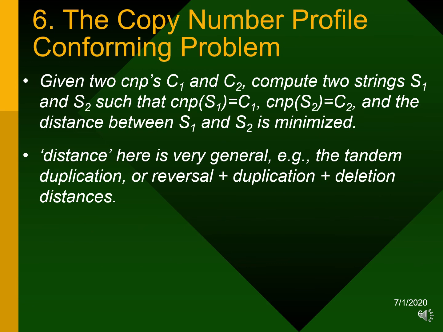Lastly, I have maybe 10 minutes to go over this copy number profile conforming problem. So in this case, we are given two CNPs, C1 and C2. You want to compute two strings S1 and S2, such that the CNP of S1 is C1, the CNP of S2 is C2, and the distance between S1 and S2 is minimized.